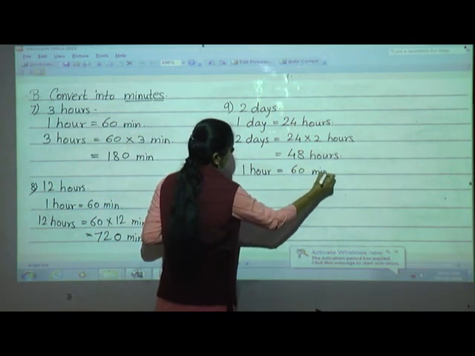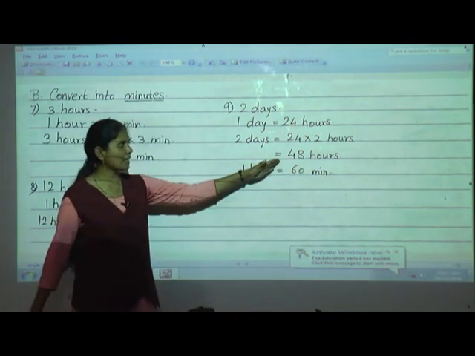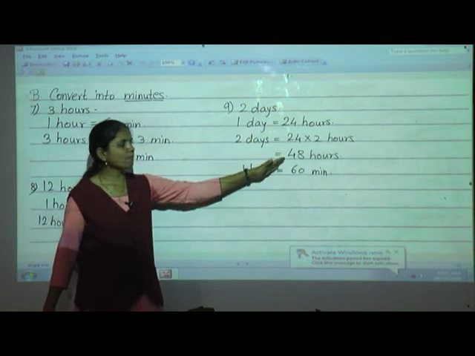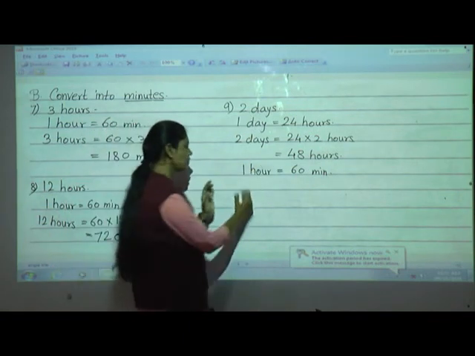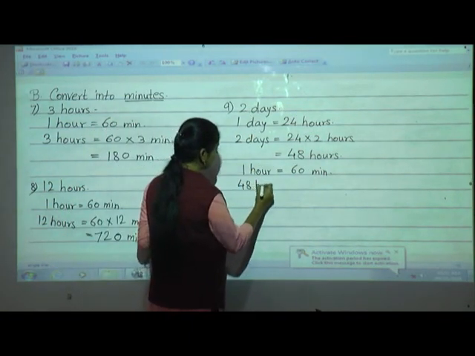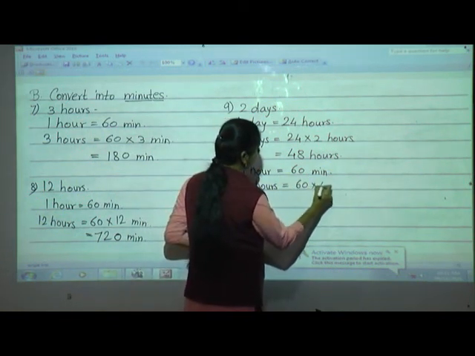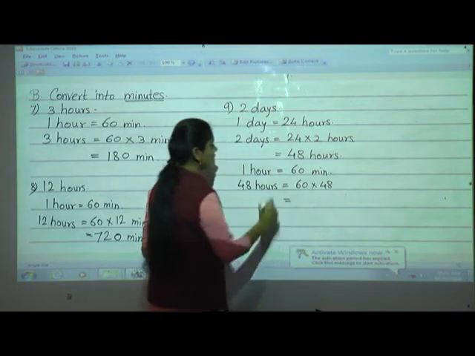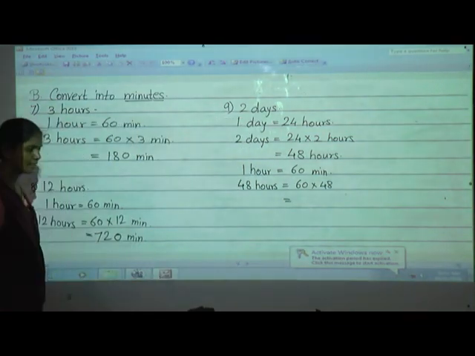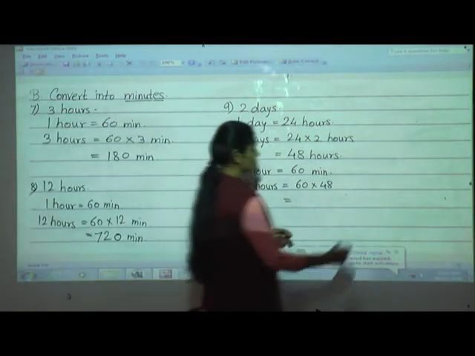Okay. Now here how many hours do we have? 2 days means what? 48 hours. So here 48 hours is equal to 60 into 48. Now do the multiplication. 60 into 48.